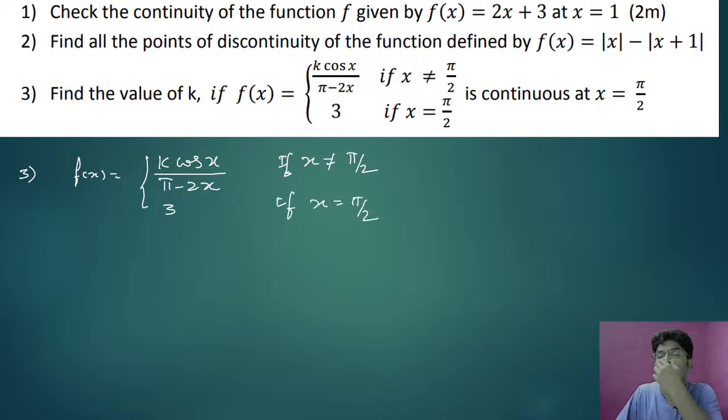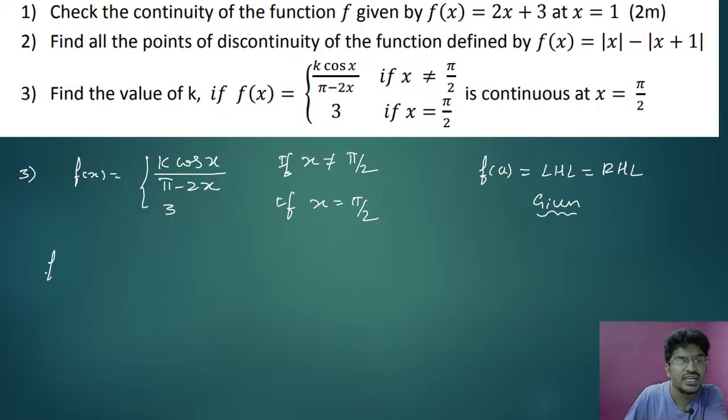And they have given that it is a continuous function. If they have given that it is continuous, then we have to understand that f of a is equal to LHL is equal to RHL.